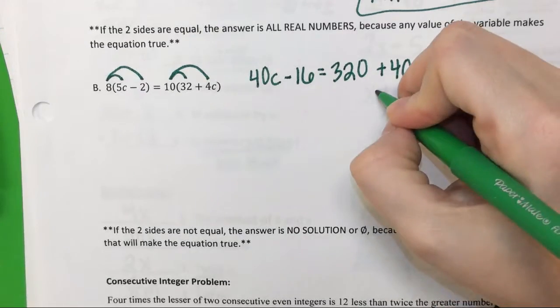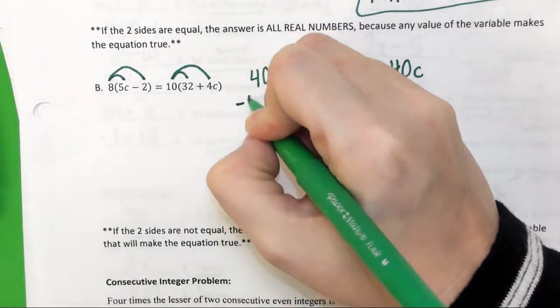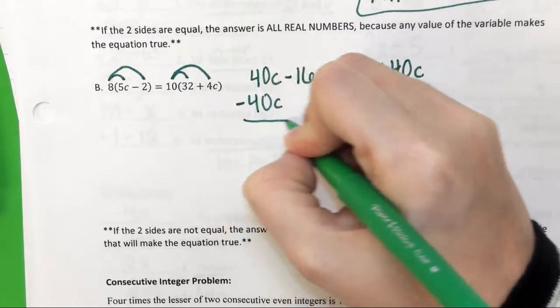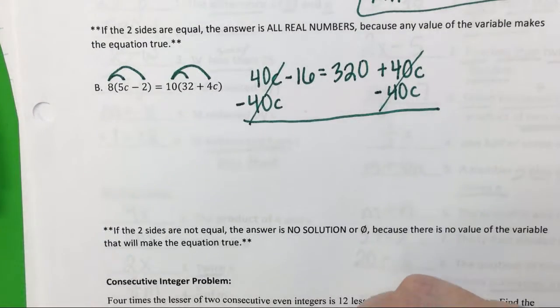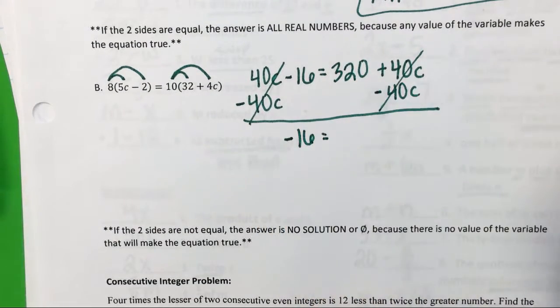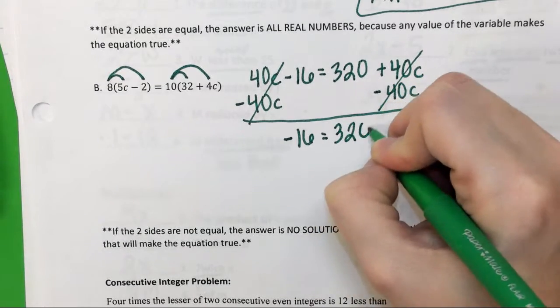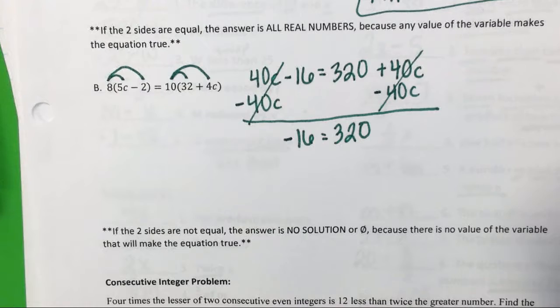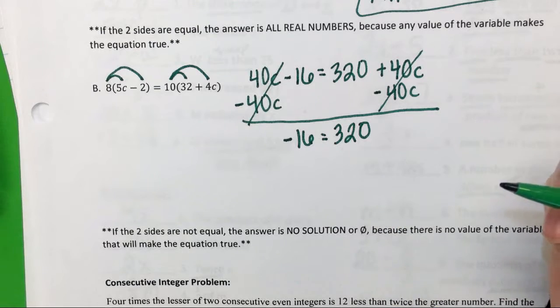Just like last time, when I try to get all of the variables on one side, they're going to cancel out. So on the left side, I'm just left with negative 16. And then on the right side, I'm left with 320. So what you want to ask yourself, does negative 16 equal 320?